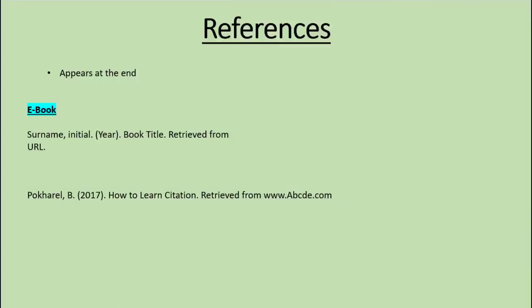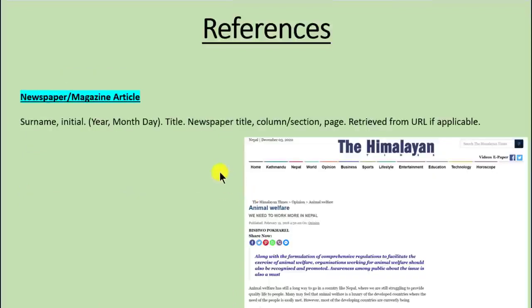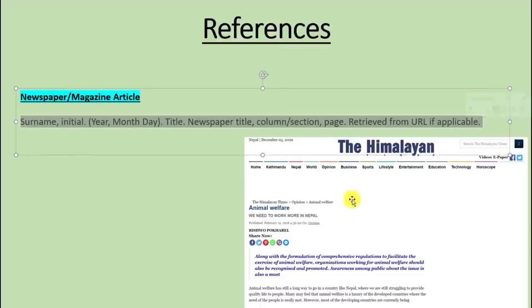So that's how you should reference an ebook. And if you want to reference a newspaper or magazine article, then you should follow this pattern for APA style. So this is the newspaper article, which is Animal Welfare: We Need to Work More in Nepal. That's the article that was written by this author, Biswa Pokhrel, in the newspaper, the Himalayan Times.